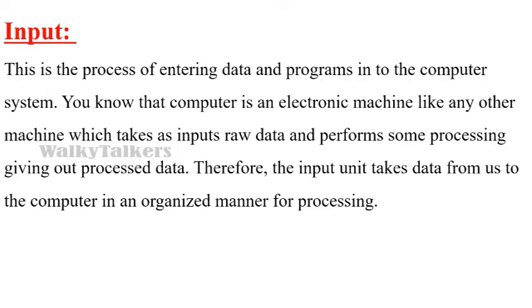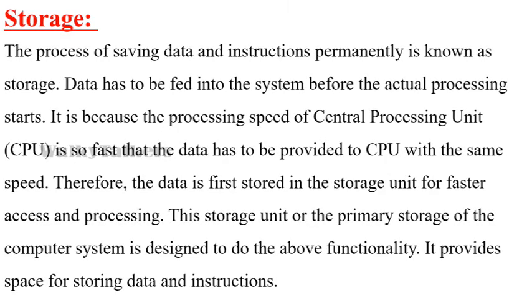The second term which we are learning related to computer is storage. The process of saving data and instructions permanently is known as storage. Data has to be fed into the system before the actual processing starts. It is because the processing speed of the central processing unit is so fast that the data has to be provided to the CPU at the same speed. Therefore, the data is first stored in the storage unit for faster access and processing.